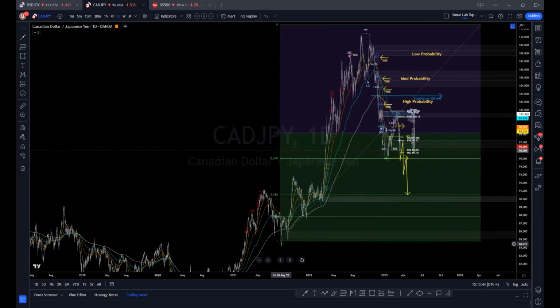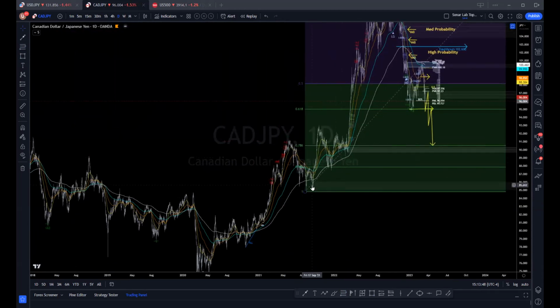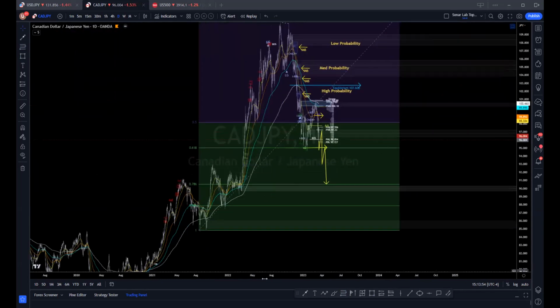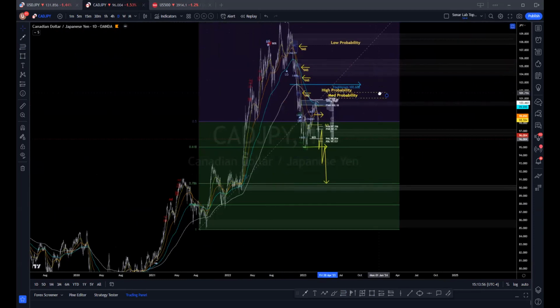Okay, this was the swing of August 21. That's when we came downtrend, and then we came up. And then we've been doing higher highs, higher lows ever since then, right? Then we had this historical high in CAD Yen, and now we're back down. We did that 50%, and now we're going a little bit lower.